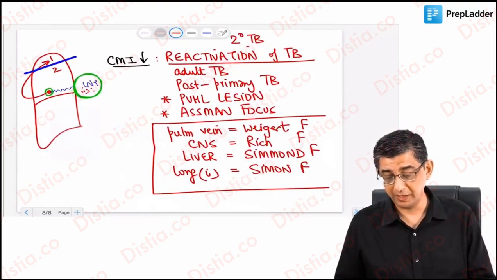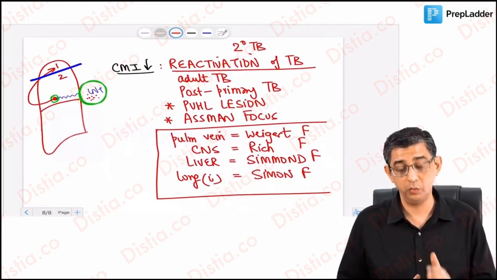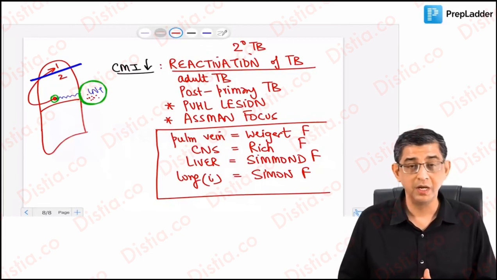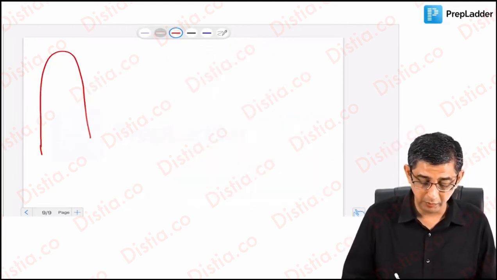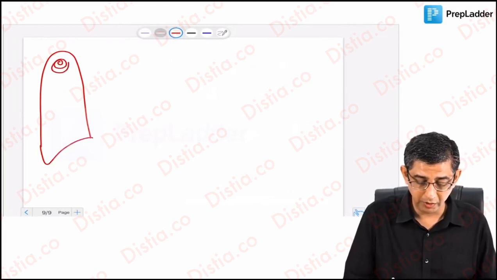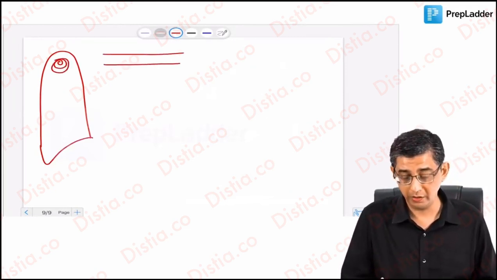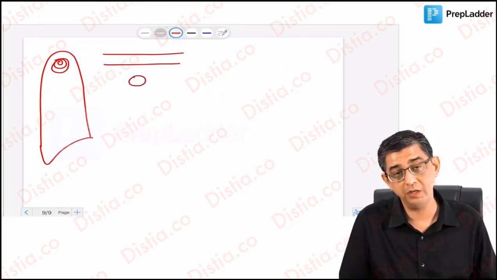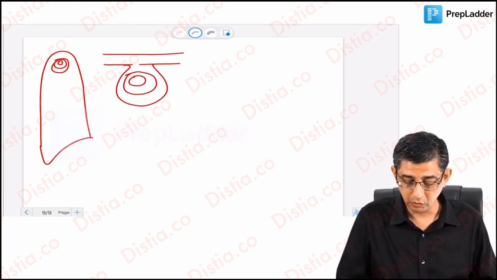Now, once we are aware that adult tuberculosis is mainly going to be a formation of focus in 1 or 2 areas, there's going to be a progressive cavity that will be increasing in size on a daily basis. It can erode into adjoining tissues as well. Suppose this is the bronchus, don't draw it at the moment, just follow what I'm saying. The destructive changes are increasing every day, and one day the cavity becomes relatively so big.